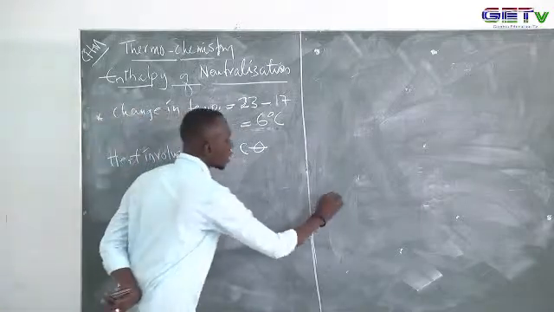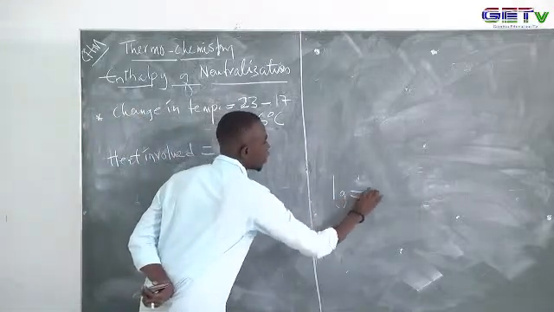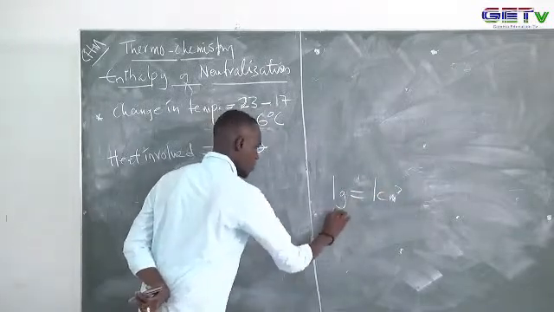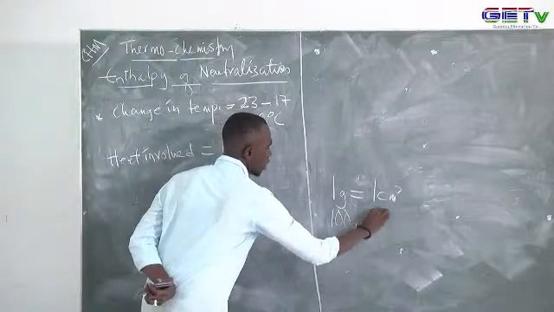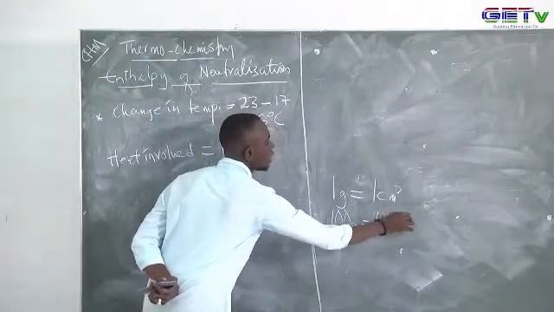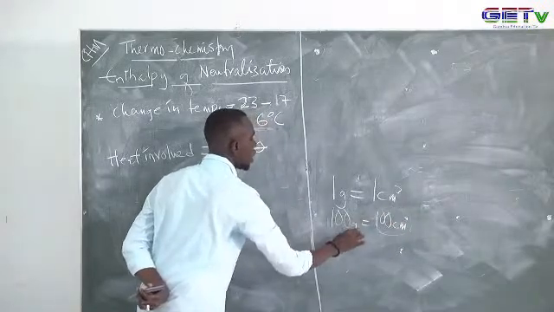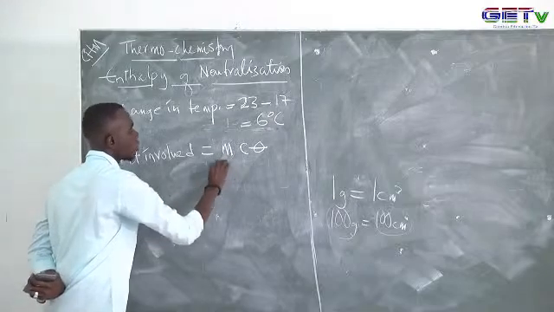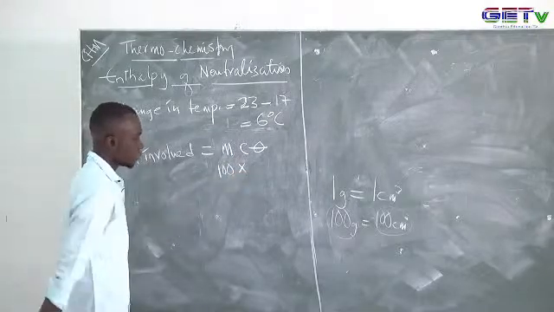Mass. But we know that 1 gram is equivalent to what? 1 cm³. So therefore, if you have 100 grams, it will be the same as 100 what? cm³. So if we are given the water in form of volume, so therefore it is the same as what? 100 grams.